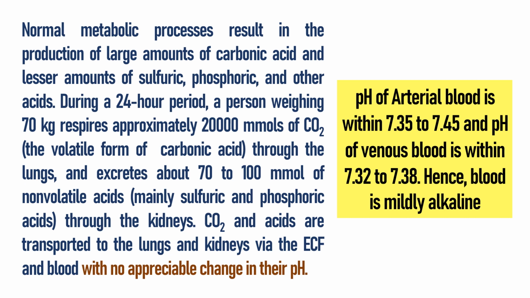Carbon dioxide and acids are transported to the lungs and kidneys via the extracellular fluid and blood with no appreciable change in their pH. pH of arterial blood is within 7.35 to 7.45, and pH of venous blood is within 7.32 to 7.38, hence, blood is mildly alkaline.